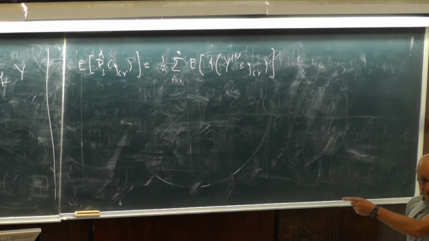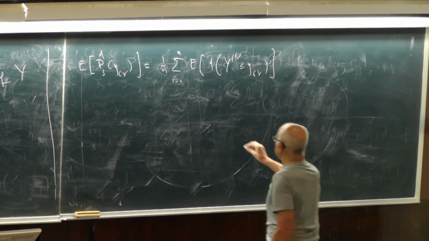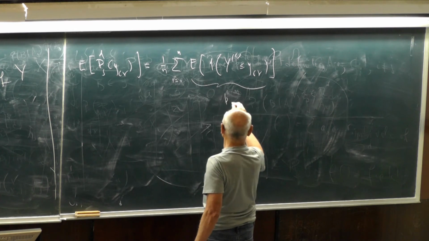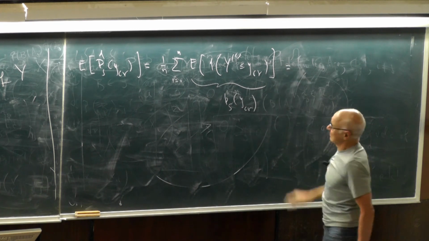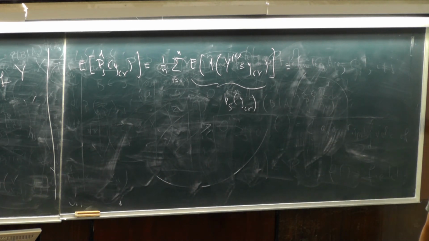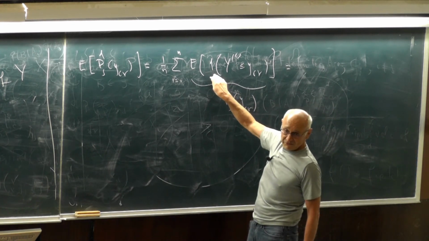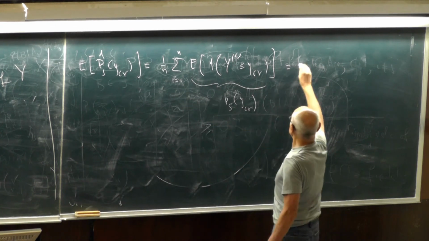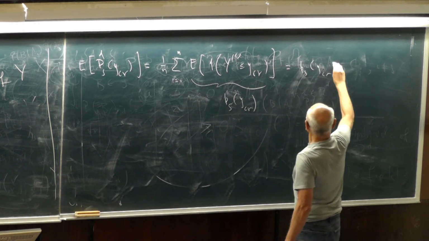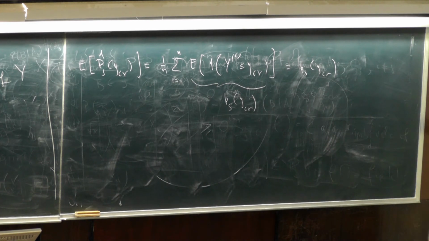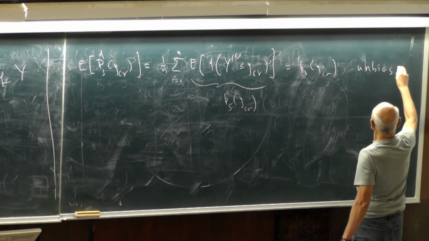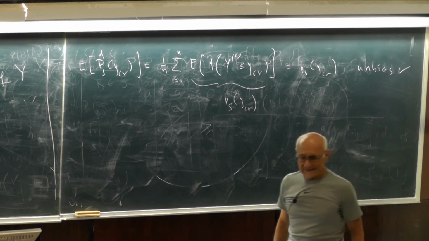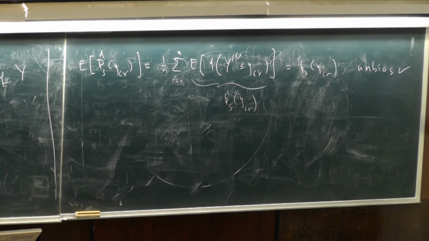It's exactly the true probability, the probability which I don't know. So what does it mean? That expectation is equal to, well, you add n times the same thing divided by n. So the estimator is not biased, it's unbiased. That's good. Now I have to calculate the variance of it.